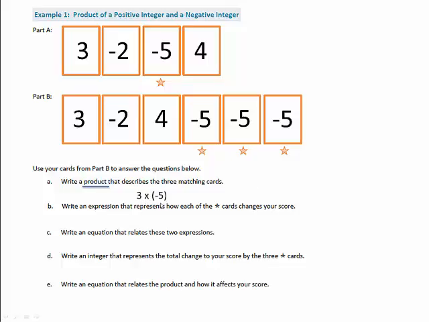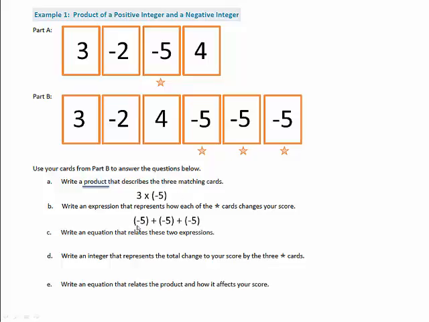So we have 3 times -5. If I talk about how each of these cards changed my score, well, negative means it's going to decrease. So adding a -5 decreases my score by that 3 times. If I think about an expression using addition that it would do that, I'd have -5 plus -5 plus -5.